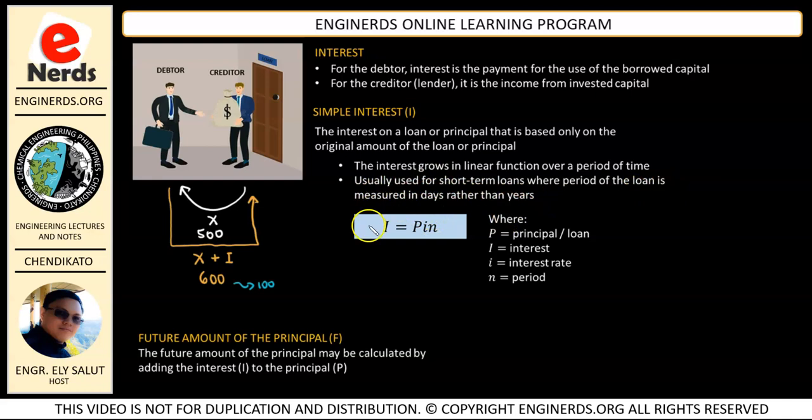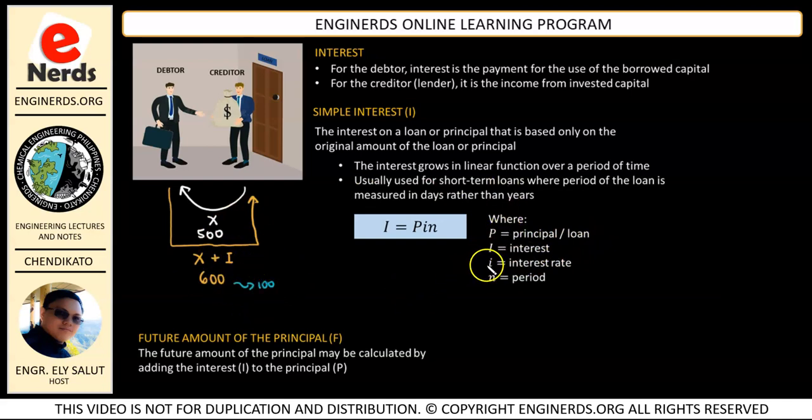So, ito yung formula na ginagamit natin for simple interest. We have here I is equal to PIN, wherein yung P, yung tinatawag nating principal or loan. So, yan yung amount na hiniram ng ating debtor. I is the interest, or ito na yung kaninang pinakita natin dito, no?